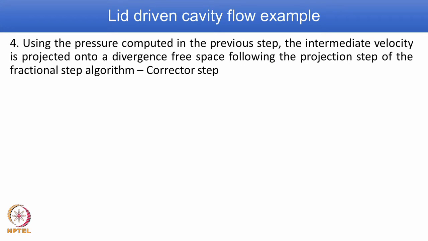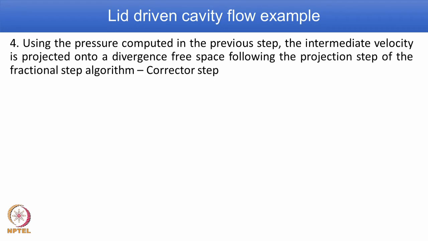So, in the projection step method, we have already seen the predictor step, and solving the pressure Poisson equation to get pressure everywhere. Using this pressure computed in the pressure Poisson equation, the intermediate velocities, which are calculated without considering the pressure term and are referred to as u star and v star, are projected onto a divergence free space using the fractional step algorithm.